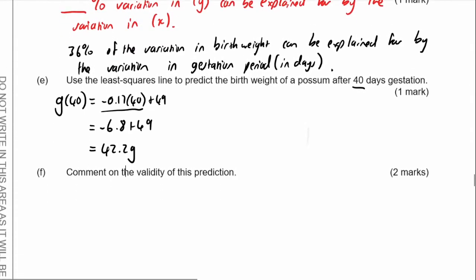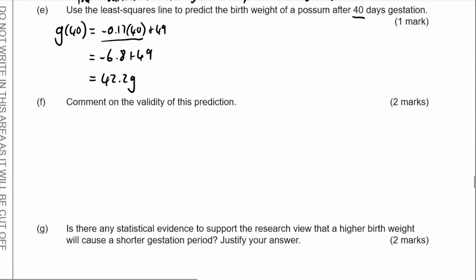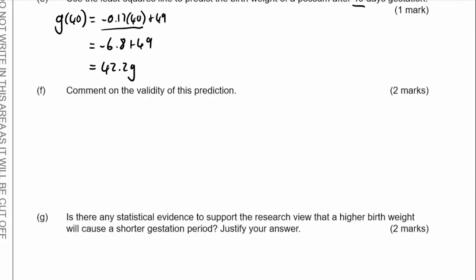Comment on the validity of this prediction. So there's a few things we want to talk about when we talk about the validity of a prediction. We want to talk about if we're interpolating or extrapolating. So interpolating is inside the x numbers, extrapolating is outside the x numbers.